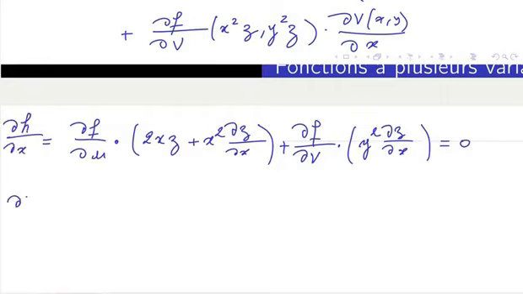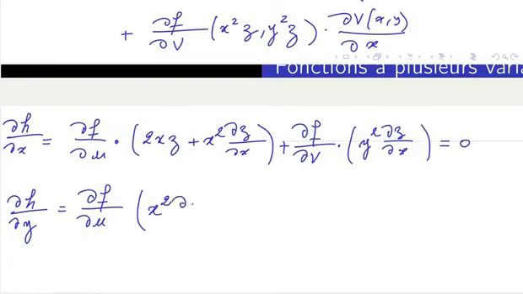If we now differentiate h with respect to y, we find the same term, the partial derivative of f with respect to u multiplied by the derivative of u. So I remind you, u is x²z. As we differentiate with respect to y, we leave x² times the derivative of z with respect to y.